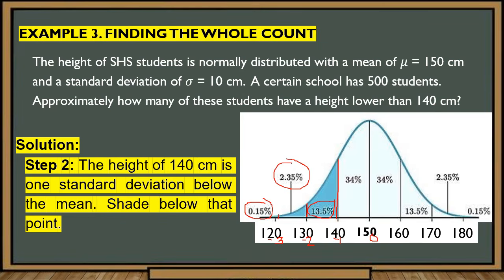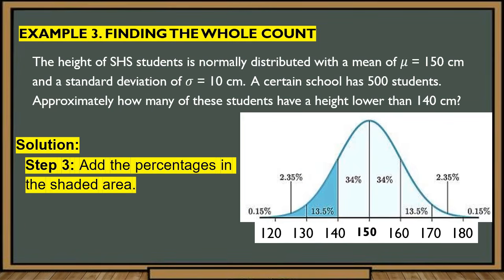So, what are we going to do with this shaded region? Anong gagawin natin sa mga percentage na nasasakop ng shaded region? We're going to add the percentages in the shaded region, because shaded region means ito ang sakop na dito natin makikita yung mga values na lower than 140 centimeters.